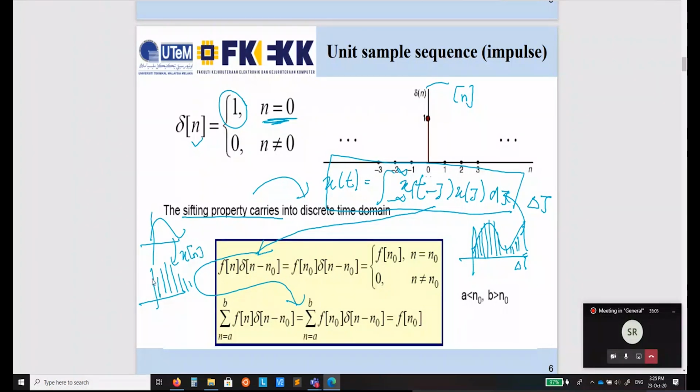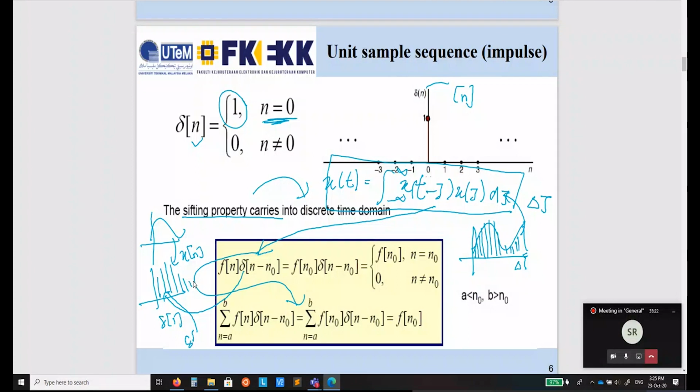To reflect the idea of discrete, t will jump to each step: this is delta 1, this is delta 2, delta 3, delta 4, delta 5, and so on.